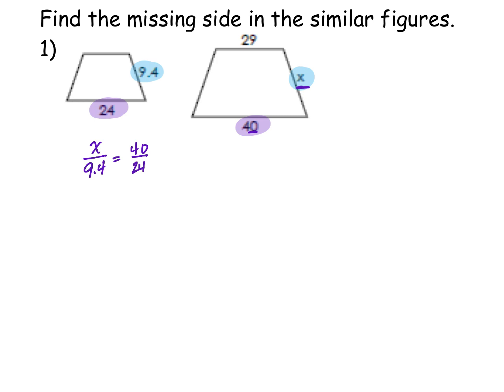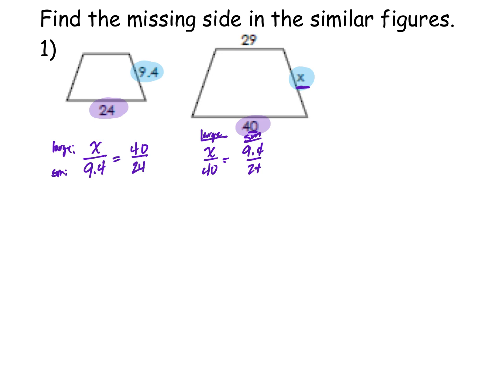So this is my large on top, and this is my small one. I can also do it this way. I could also say X over 40 equals 9.4 over 24. And I could say large this way and my small one this way. It doesn't matter which way I do it, if I do it in rows or columns, just as long as they match. Does that make sense?